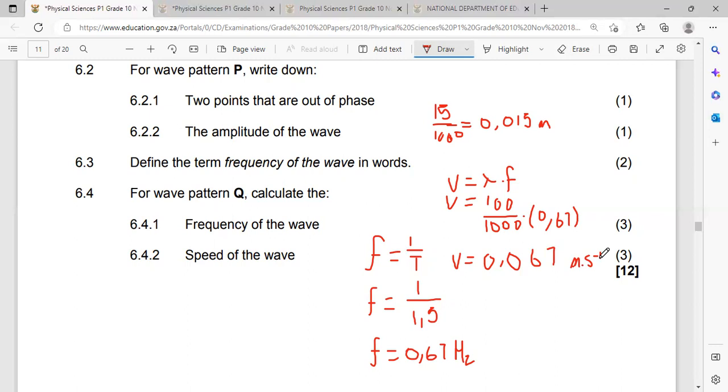Here we're gonna always use 2 decimal places. Even though here I used 3 decimal places, our final answers are always supposed to be in 2 decimal places. So if you want to leave it in this form, you're gonna have to say v is equal to 0.07 meters per second.